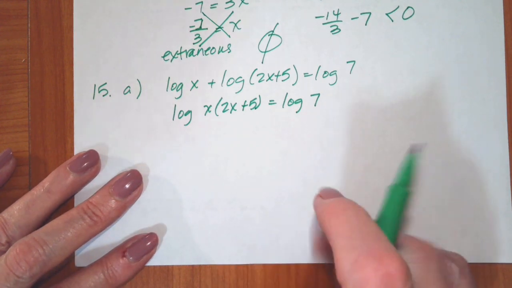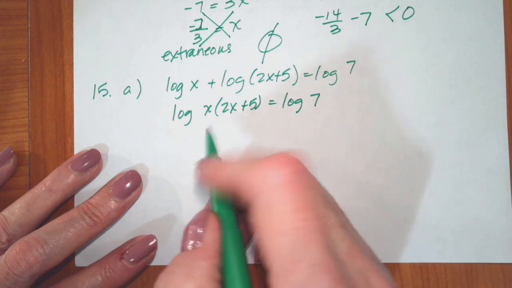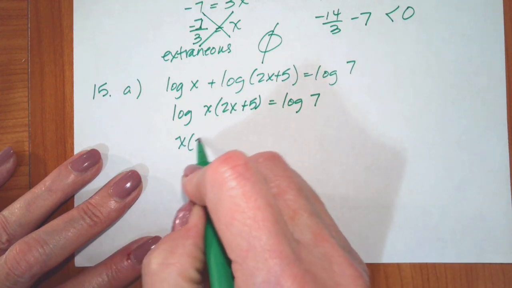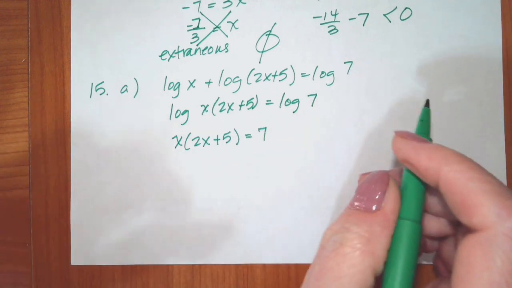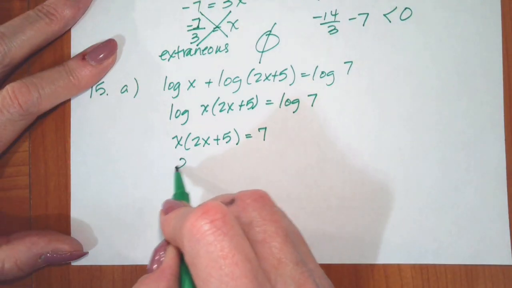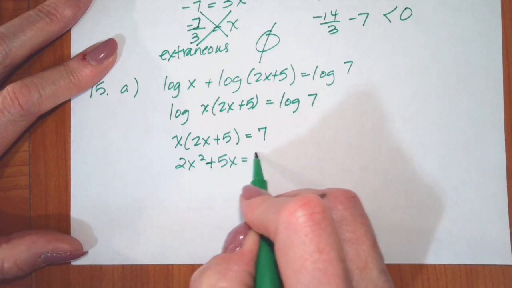So now I can set the arguments equal. I have x times 2x plus 5 is equal to 7. 2x squared plus 5x is equal to 7.